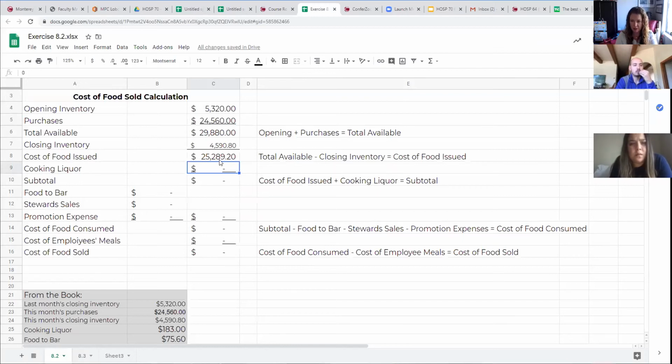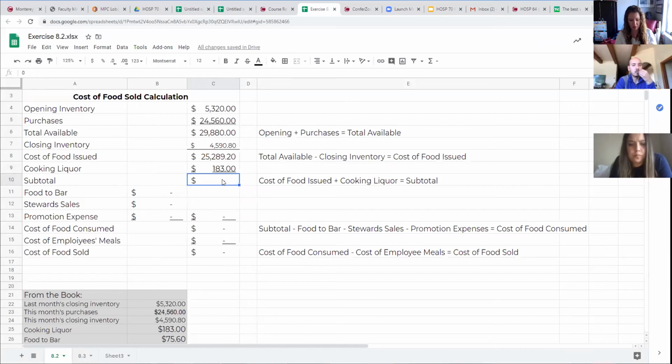So far, so good? Does that make sense? Yep. Okay. Now your cooking liquor. Remember, this is what you're adding to. We spent $183 on alcohol to cook our food with, and we're going to add that.